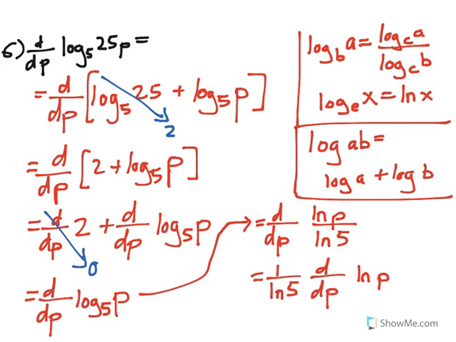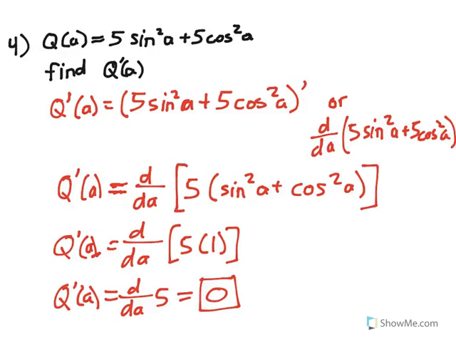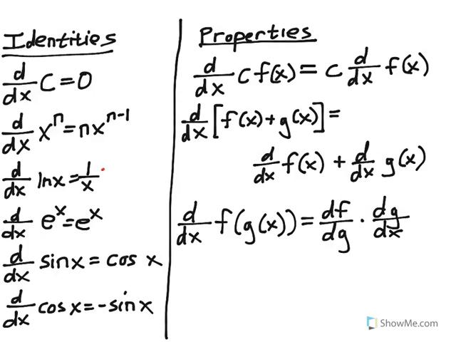And we are almost done. Derivative of natural log of p, we got an identity that looks like that. It's that one, except instead of x's, we got p's. But since we got a p there and a p there, that just represents a change in our independent variable.